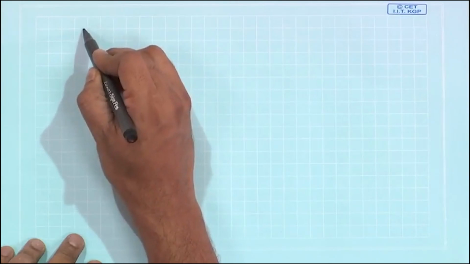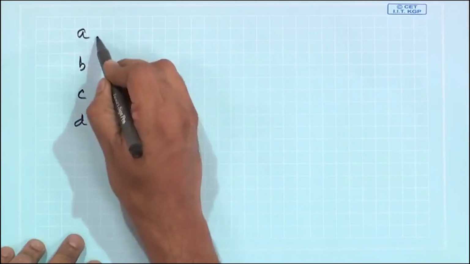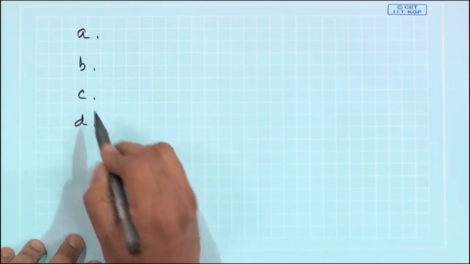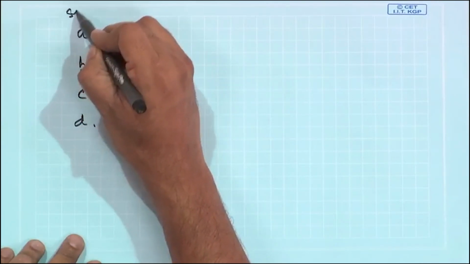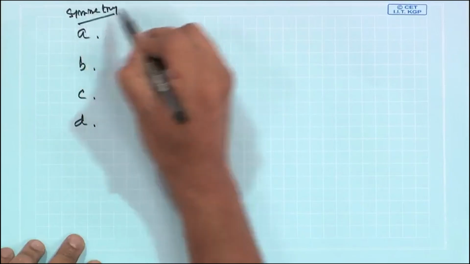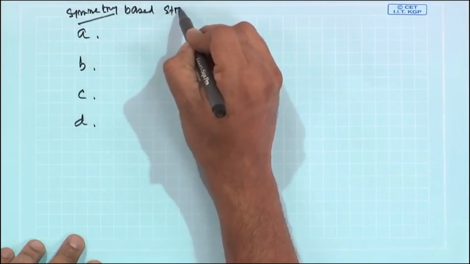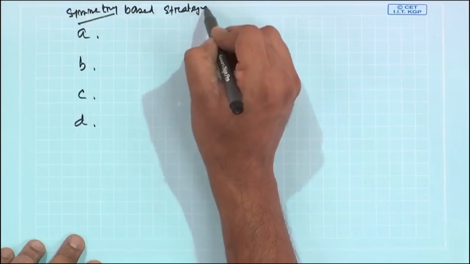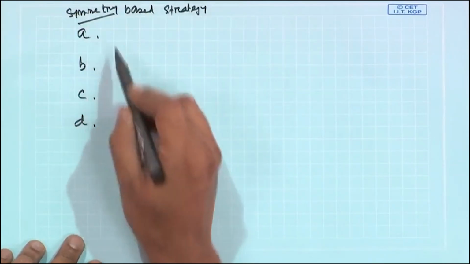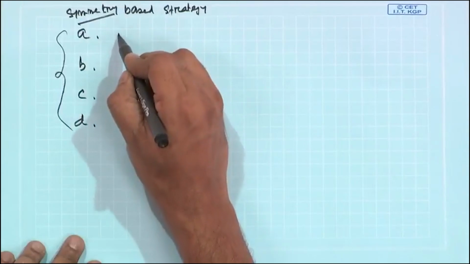Now, for symmetry based molecules you will often find that there are certain guidelines or prerequisites that are mainly followed. Normally we follow 4 different guidelines for symmetry based strategies. What are the 4 points?